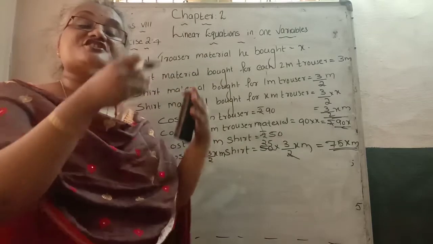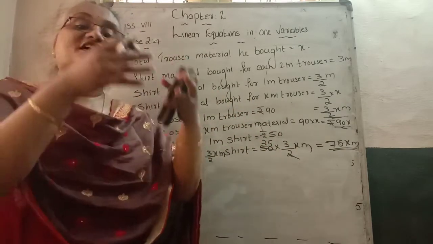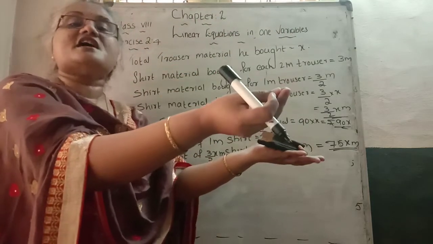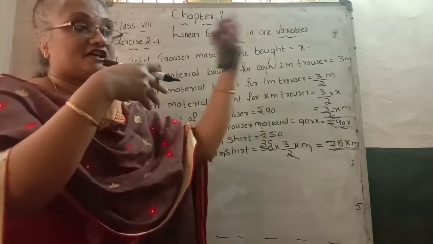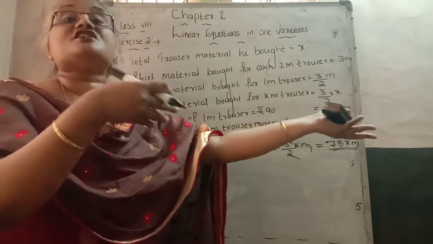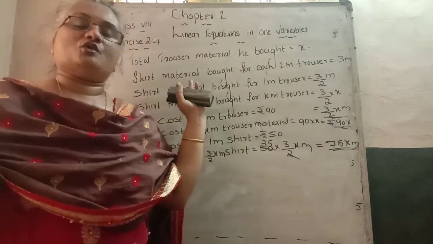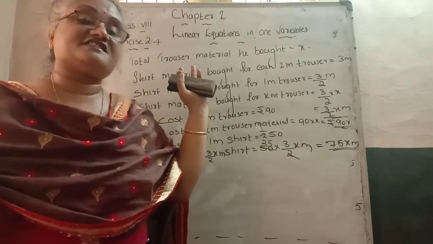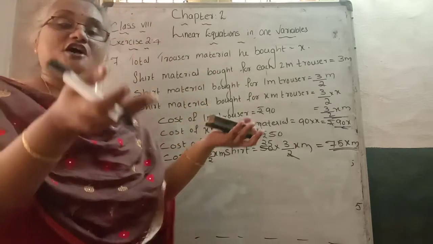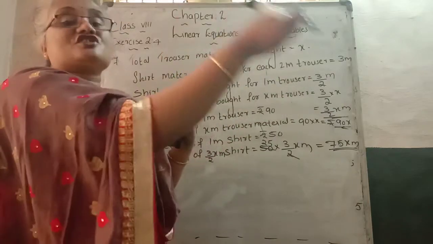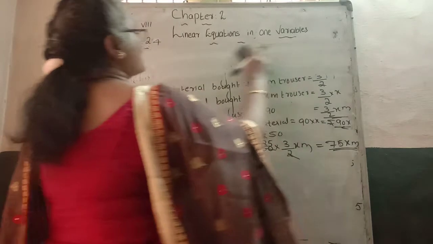Then this shirt material and trouser material he purchased, he later sells to other persons. The question says that at selling time he makes a profit and some amount comes into his pocket: 36,600 rupees. So we want to find the selling price, SP, of each.